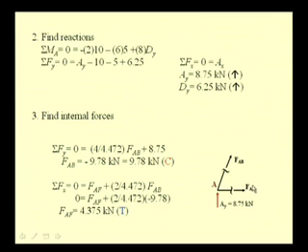Now, we can move to another joint where again we have only two unknowns.